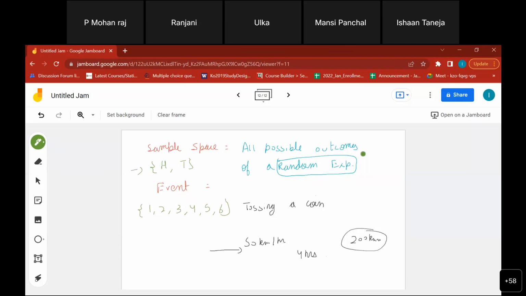So such experiments are called random experiments, and if I list all the possible outcomes in a set, it is the sample space. And an event is any subset of the sample space. Is this terminology clear to you? Yes, sir. So remember, the sample space is all possible outcomes of a random experiment.